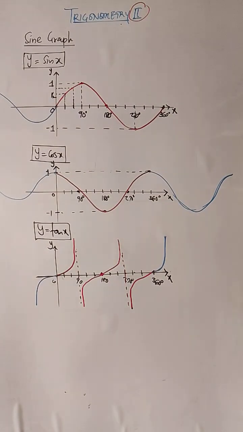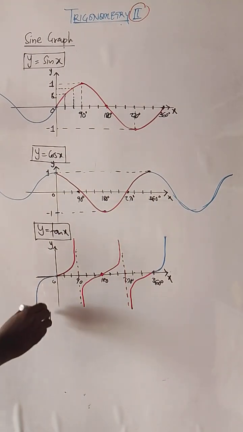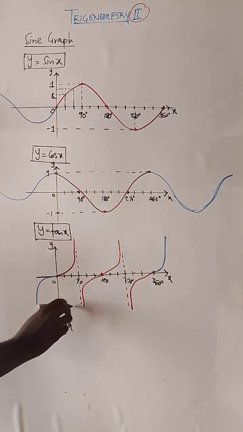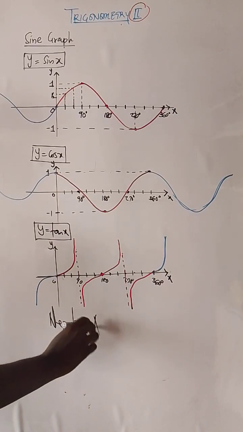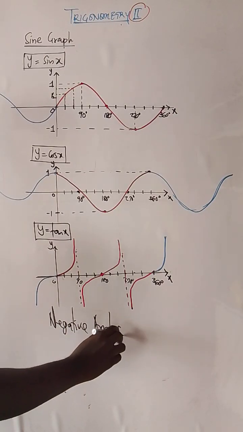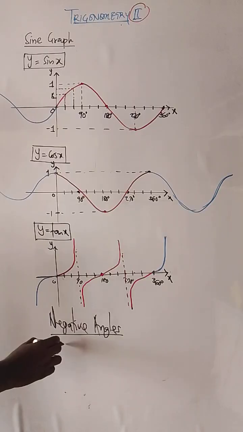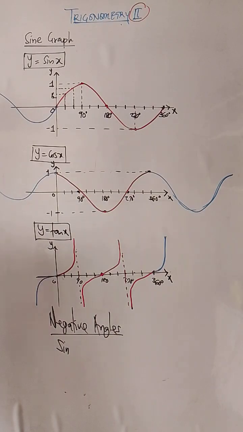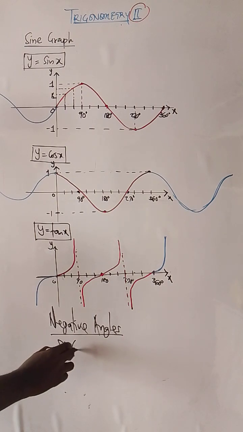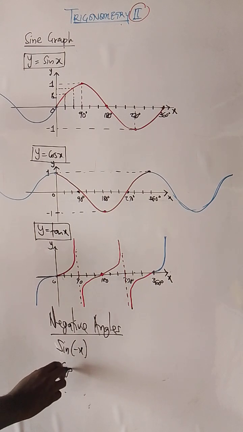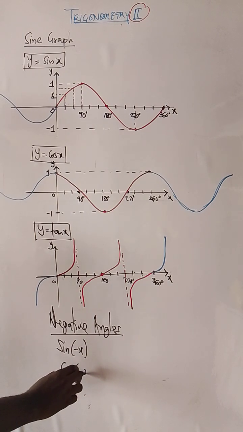Now let's talk about negative angles. What do you mean by that? We know sin x to be opposite over hypotenuse. But what's the value of sine minus x? What's the value of cos minus x?